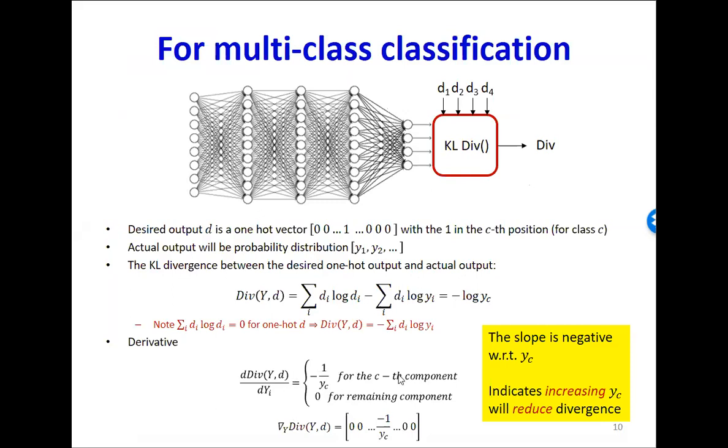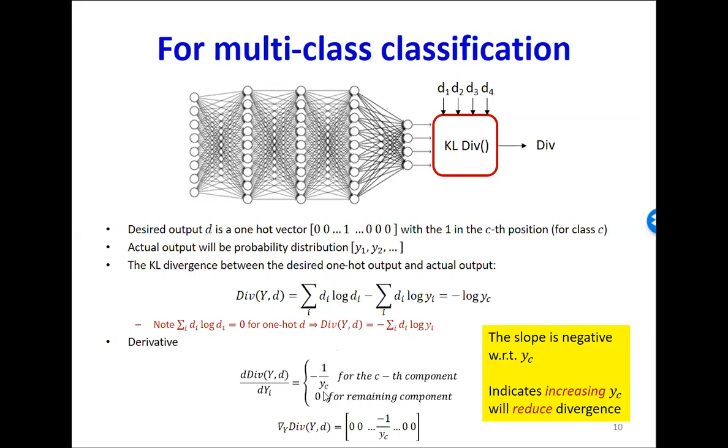Now look at what happens here. The output of the network is always positive because you're computing probabilities. So y is always positive. So this is always telling you that the divergence is going to decrease if you increase y, because the derivative of the divergence with respect to y is always negative.